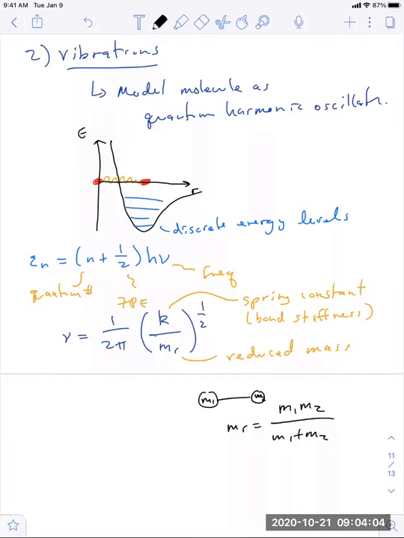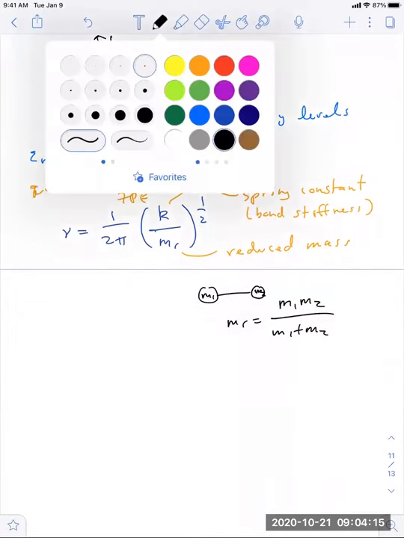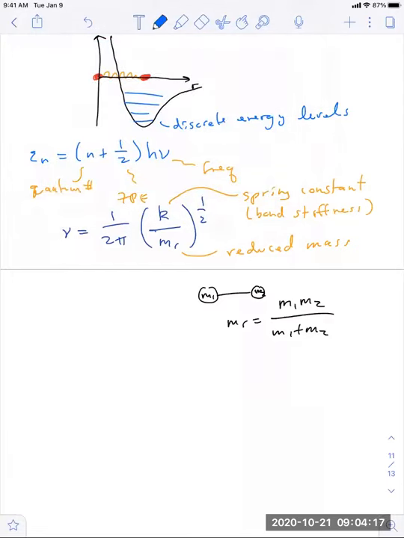All right, so now we know how our energy levels depend on the frequency, and we know how our frequency depends on the internal parameters of the system. So let's try to come up with our partition function. Just like always, the single particle partition function is the sum of the exponential of minus beta times this single particle energy, epsilon sub n.